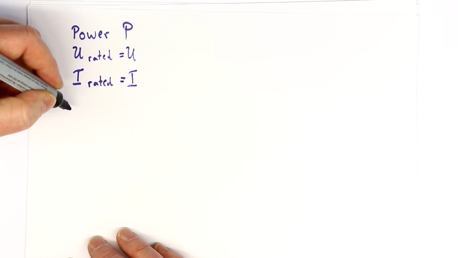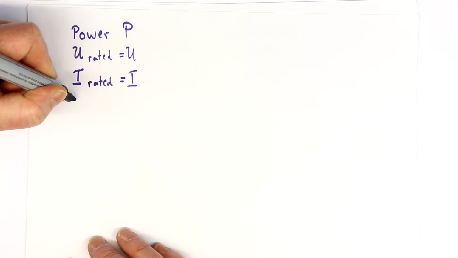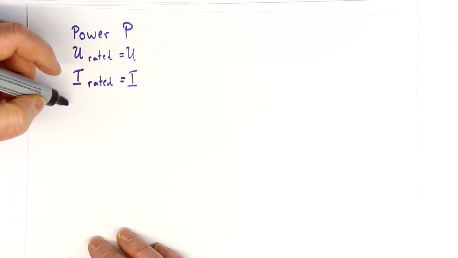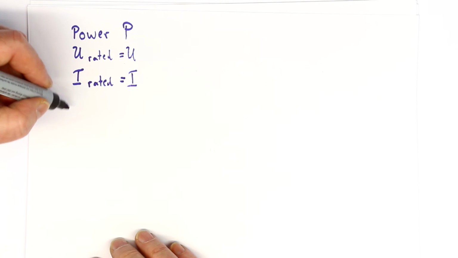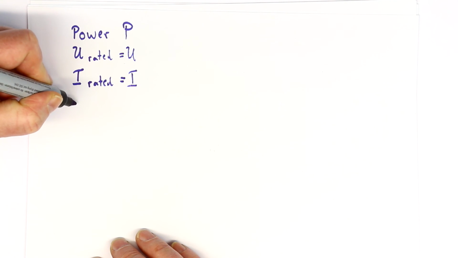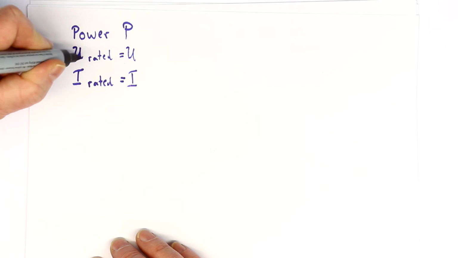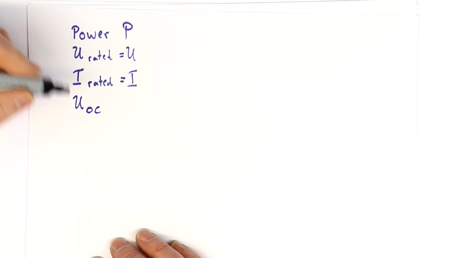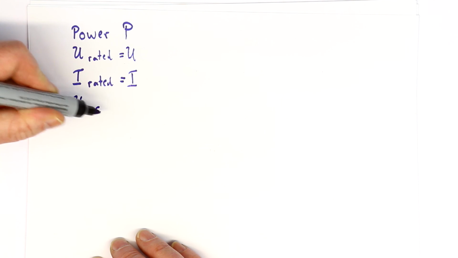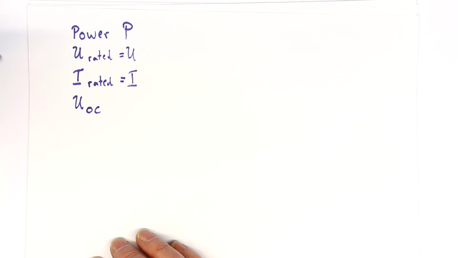And we have the open circuit voltage, because you might know that if you put no load to a transformer, then the open circuit voltage can be much higher than the rated voltage under load. So we call that the voltage UOC.